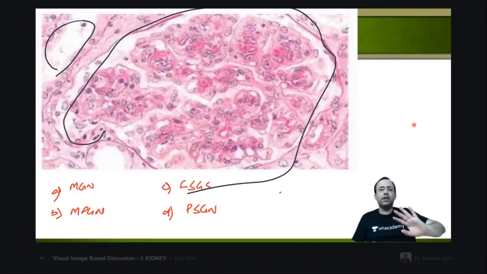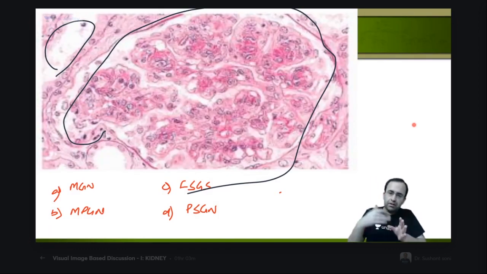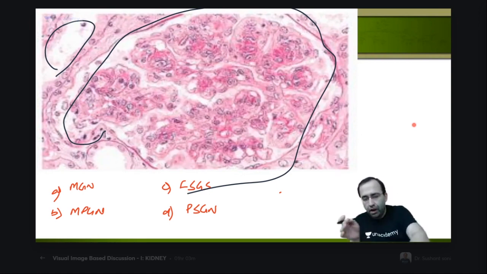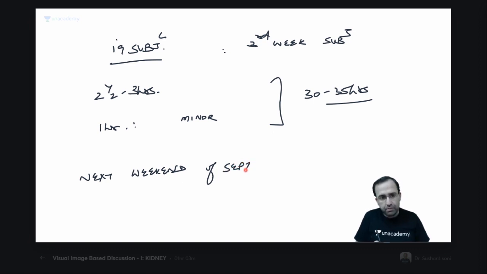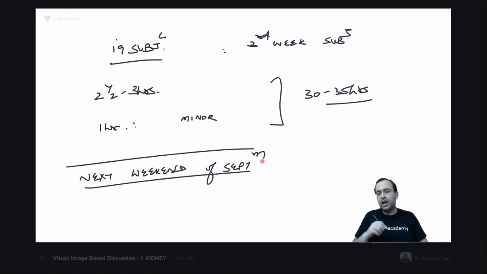But I wanted to discuss kidney separately because when we do mixed bag images, it becomes slightly tougher. September only, that is next weekend of September. But those will be just the highly important images and the ones which are must know.